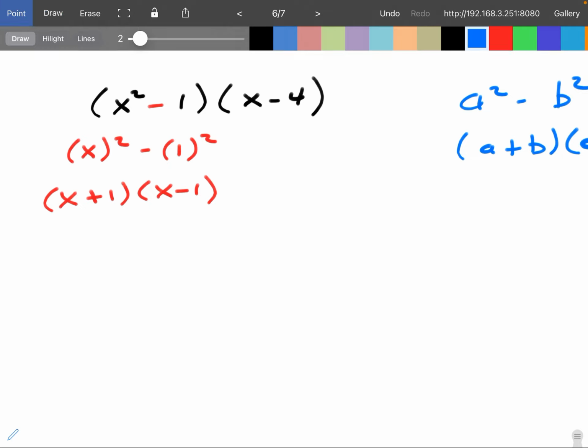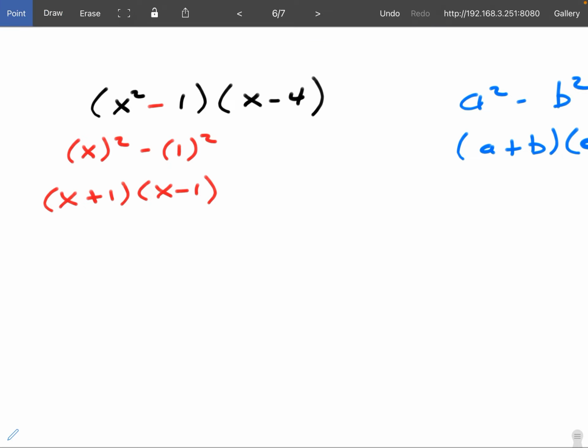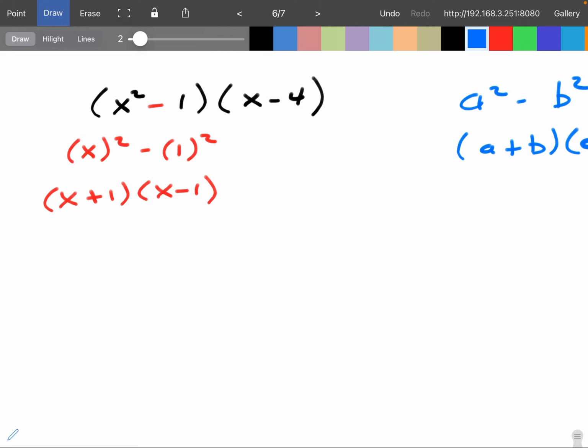And then you would have to bring down that x minus 4. But just for a second, let's pretend that this one, x minus 4, is prime, right? Let's pretend that had a squared on it right here. Do you see that would no longer be prime now? That would be the difference of 2 squares also. That would be x squared minus 2 squared.